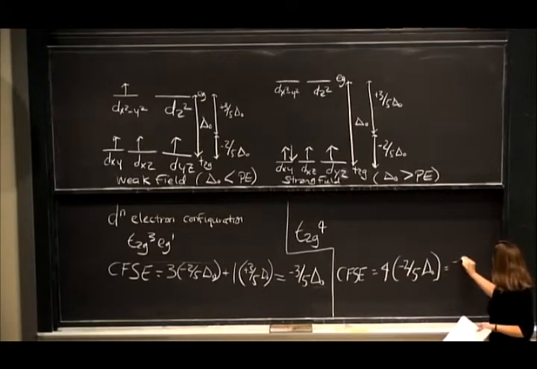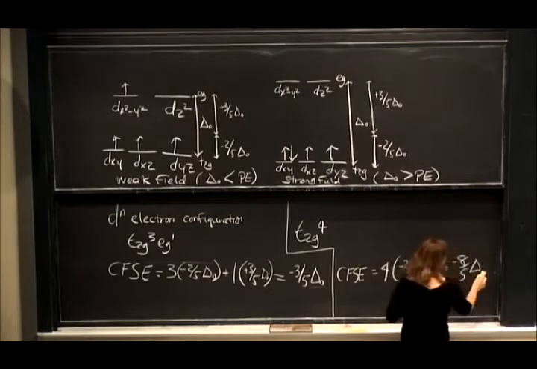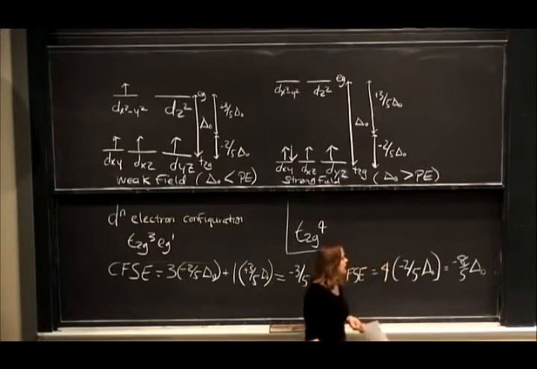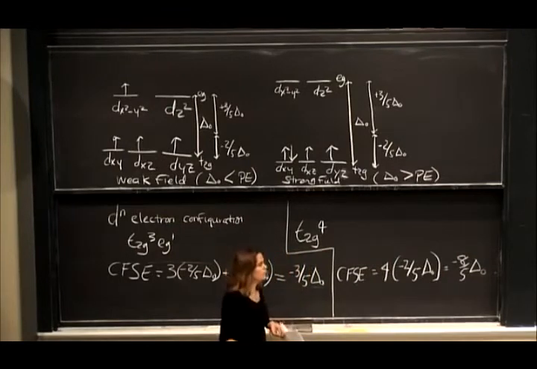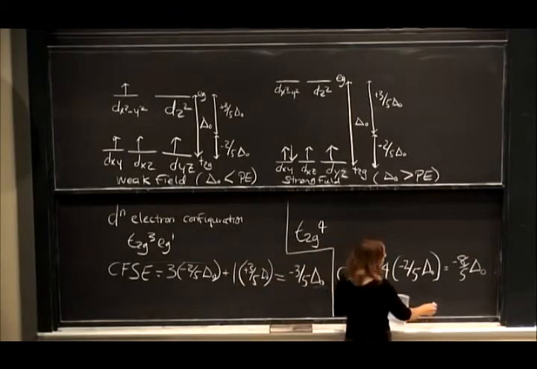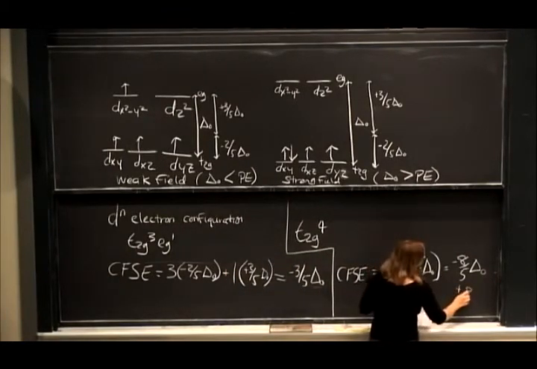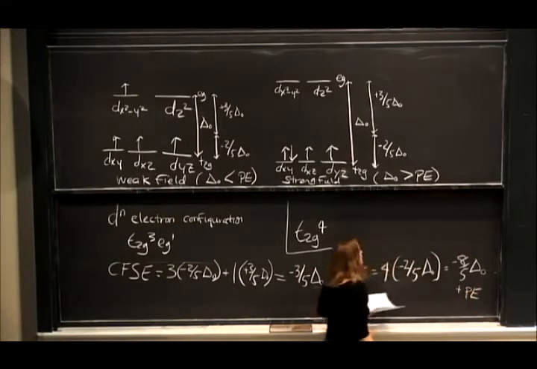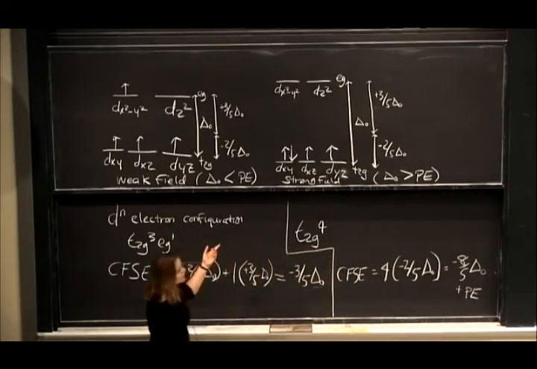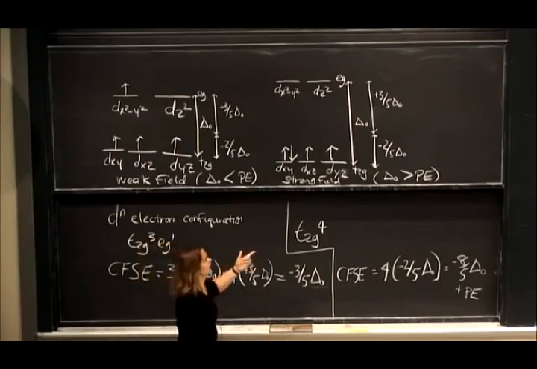And so that's equal to minus 8/5 times the octahedral crystal field splitting energy. And some books will also indicate, and they'll say plus PE to indicate that there's pairing energy that's associated there.